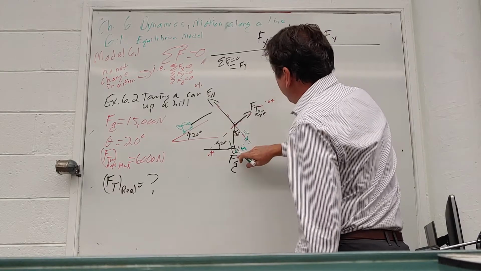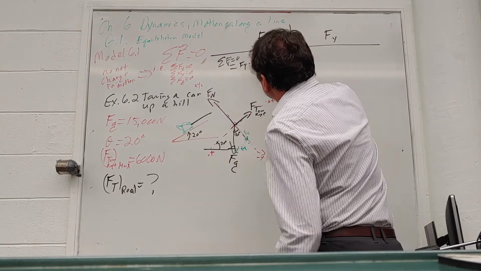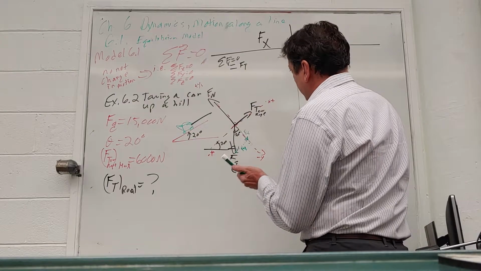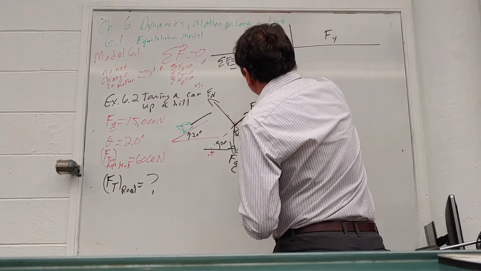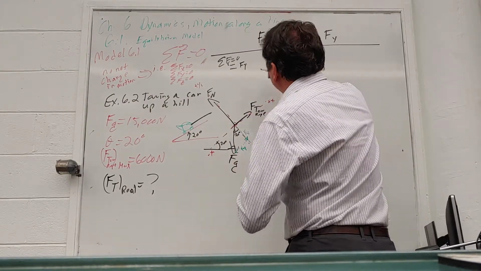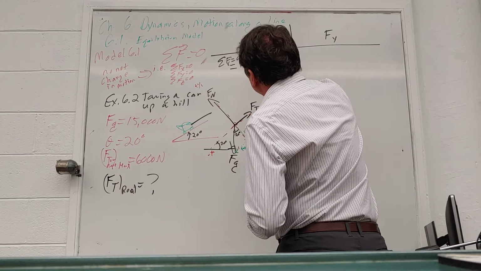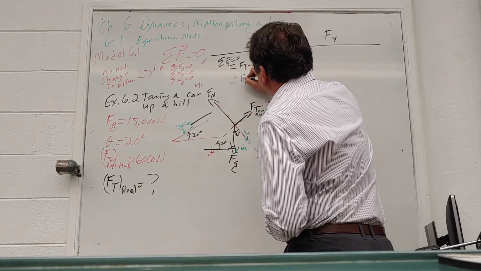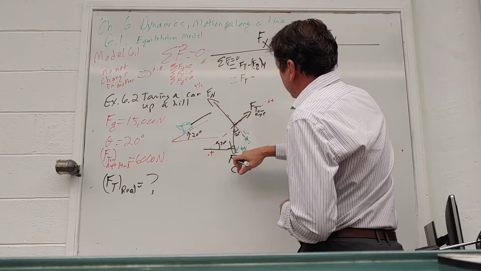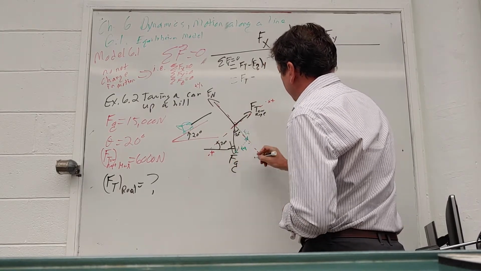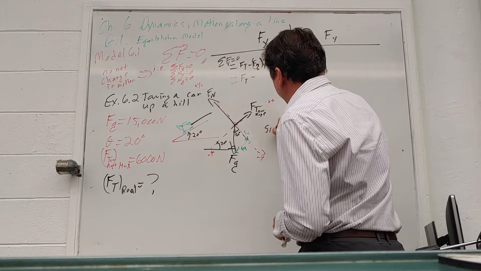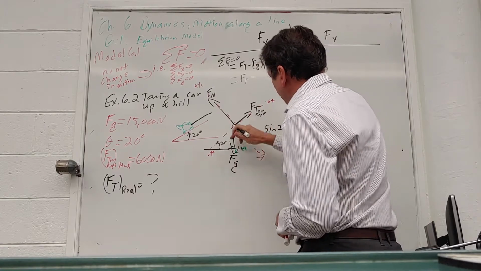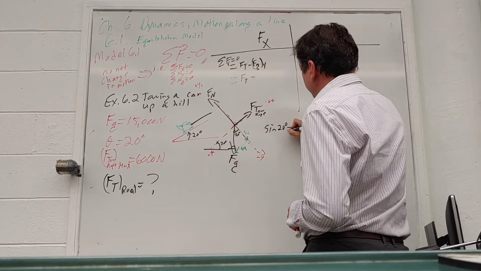So the Y component of, so this would be the tension minus the force of gravity Y component. Well, that's going to be the tension minus sine of 20 degrees, opposite over hypotenuse.